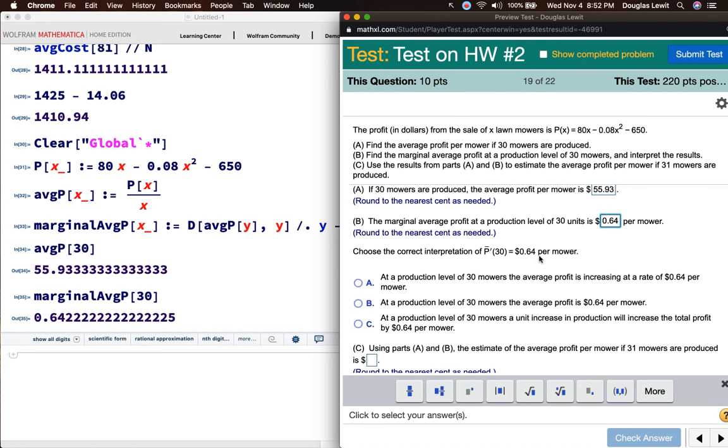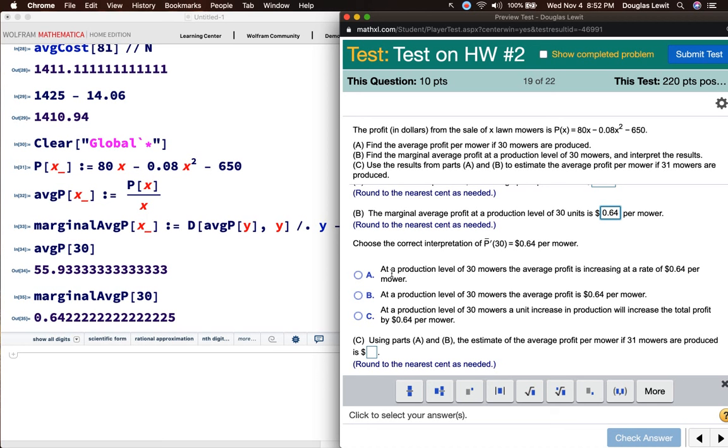Well, it's very convenient that they gave you, in part C, the answer to part B, which I thought was very generous of them. Okay, let's read my options. At a production level of 30 mowers, the average profit is increasing at a rate of 64 cents per mower. Another option: a unit increase in production will increase the total profit.